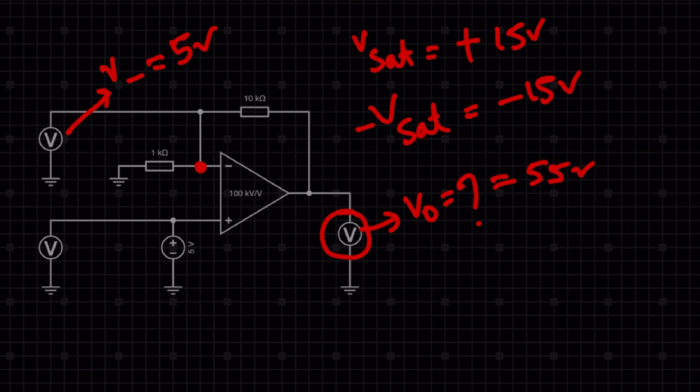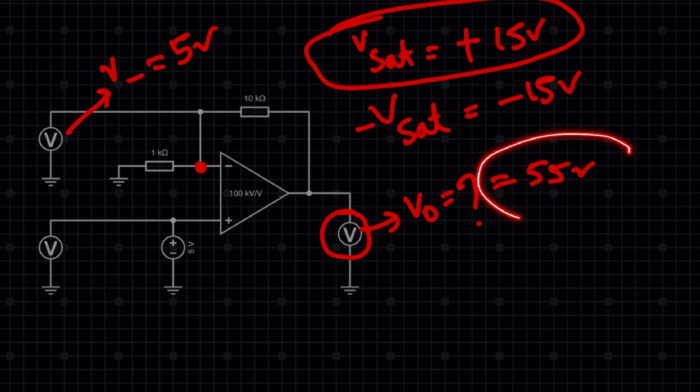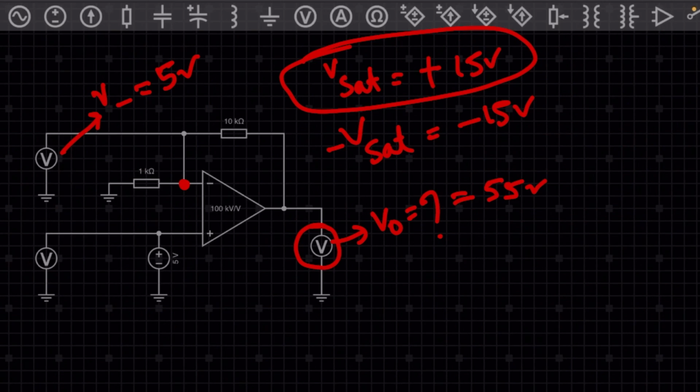Now you can see an op-amp can give a maximum of plus V saturation, right? But here you can see we get the value of plus 55 volt. So let's do the simulation and see what the software gives us. Then I will explain why the software gives that particular reading.